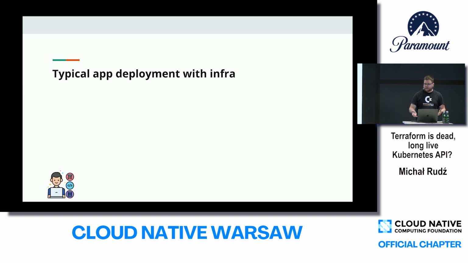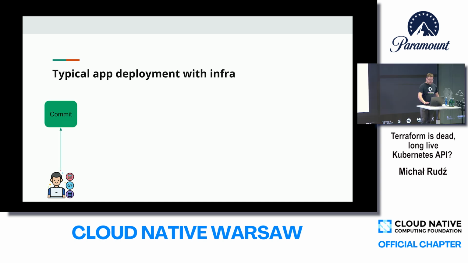So what does that kind of deployment look like when we have some infra element to deploy? We one more time have our happy developer who creates the commit with the new feature. And then what? There are two paths.